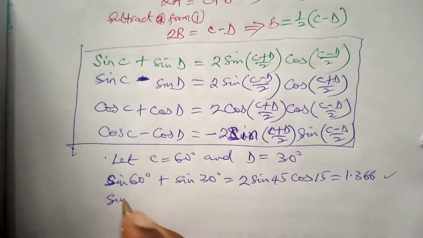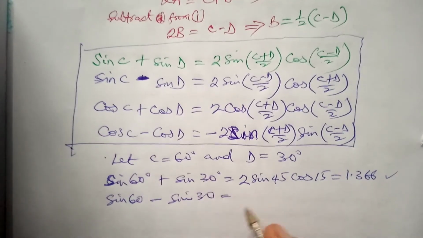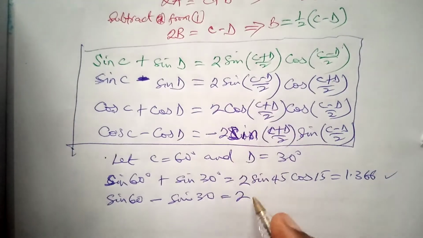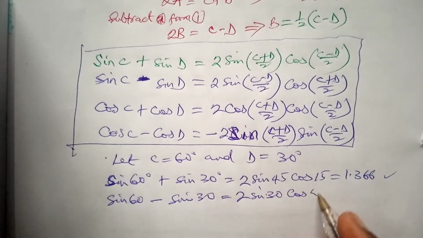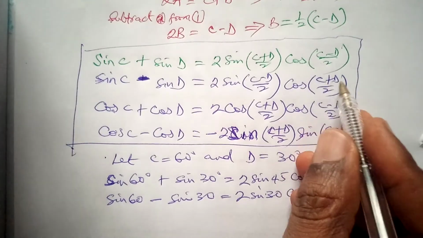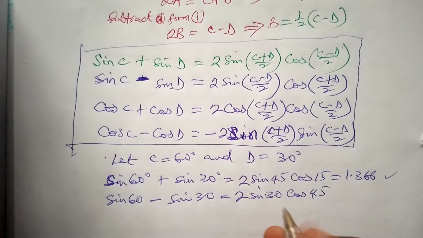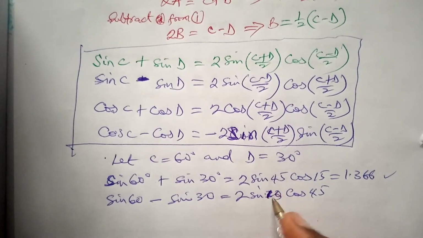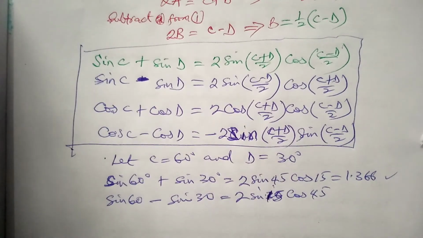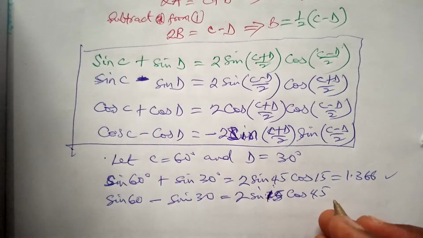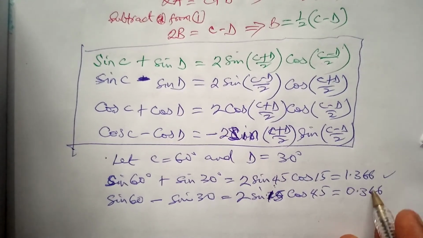If we do sin 60 minus sin 30, we get 2 sin of (60 minus 30 over 2), 15, cos of (60 plus 30 over 2), 45. When we do it, we have 0.366.